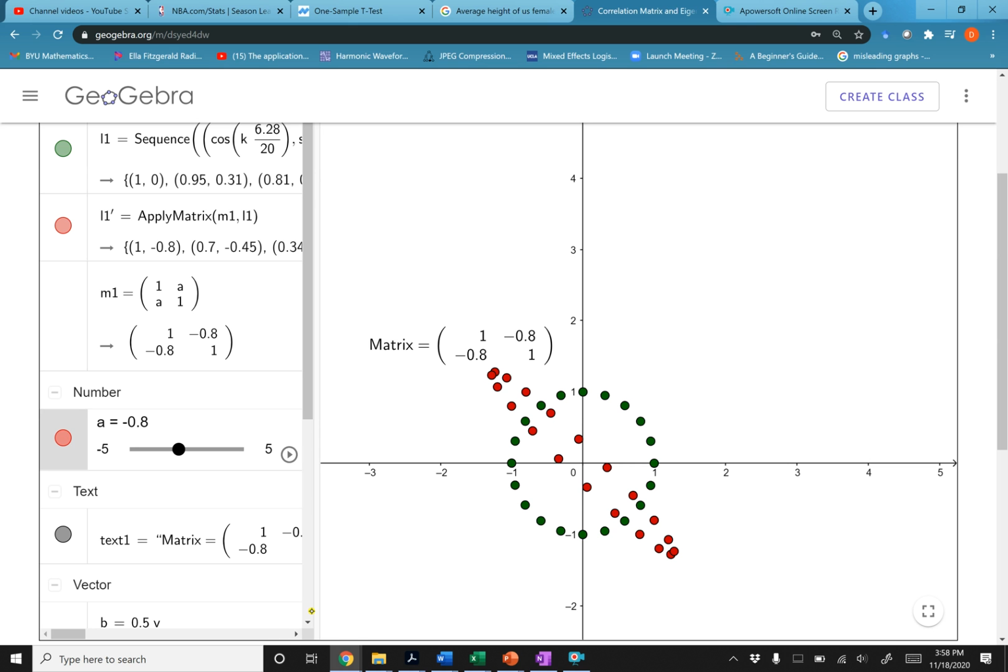But the thing here is the direction that it stretches and the direction that it shrinks are orthogonal. So that seems to say that the eigenvectors of a symmetric matrix are perpendicular to each other.